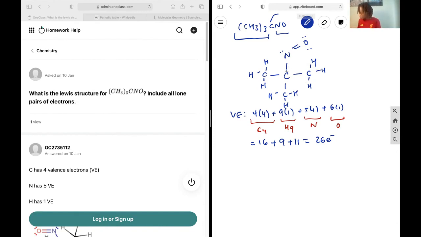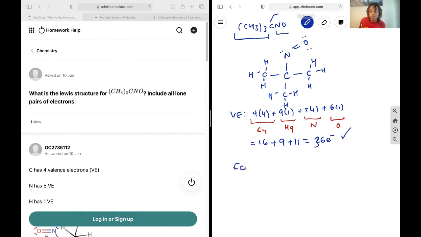So let me just make sure I have everything. Sorry, these are 36 electrons, not 26 if you do out the math. So 2, 4, 6, 8, 10, 12, 14, 16, 18, 20, 22, 24, 26, 28, 30, 32, 34, 36. And so we see all of the 36 electrons are accounted for.